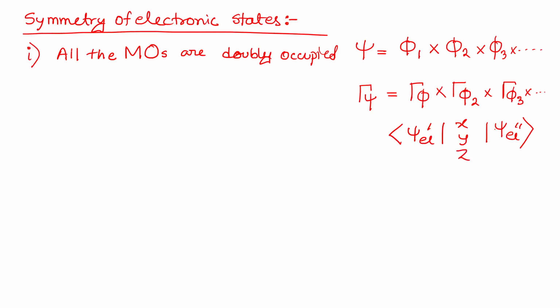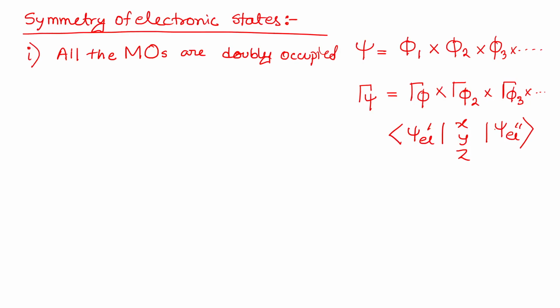So if all the MOs are doubly occupied, MOs talk about the spatial part, right? So here we are only talking about the spatial part. To be orbitally allowed, the integrand has to be symmetric. So this triple product has to be symmetric.